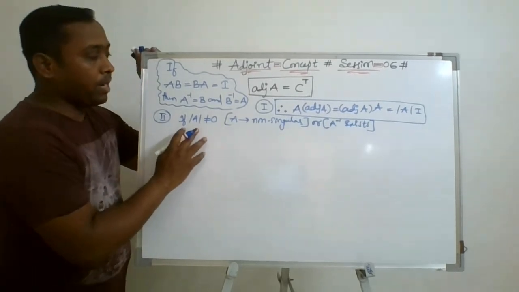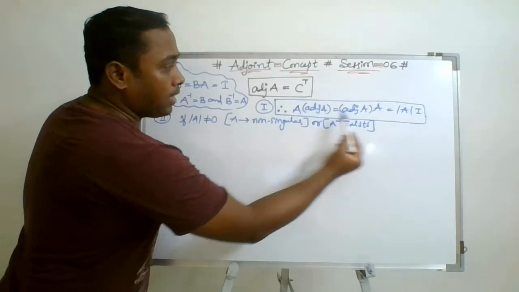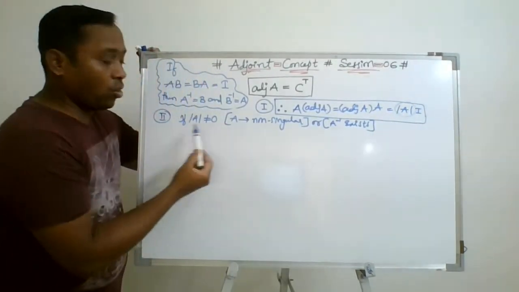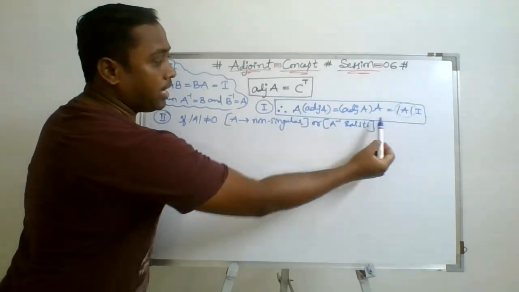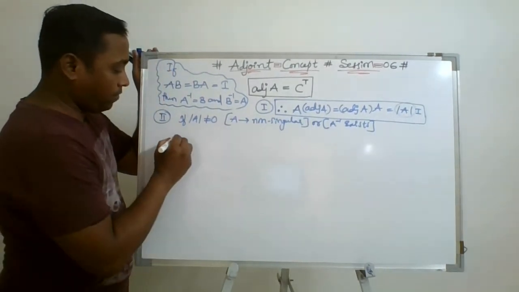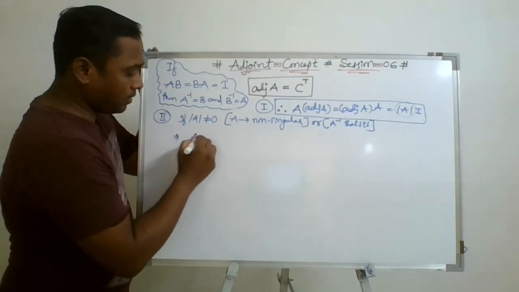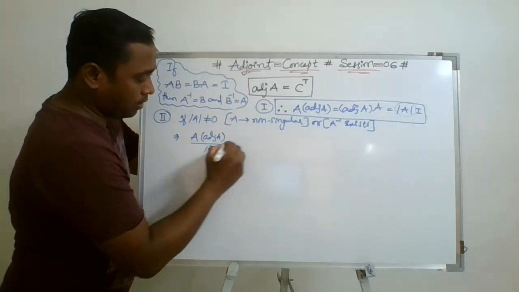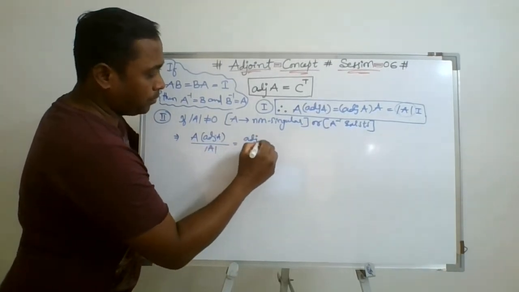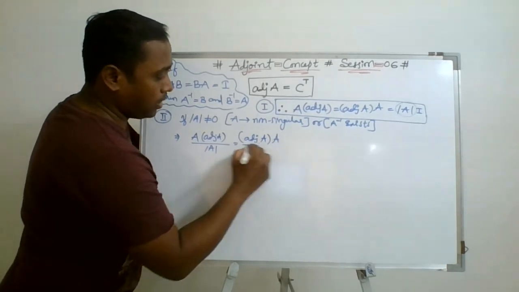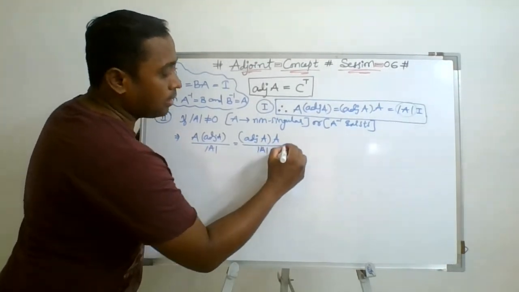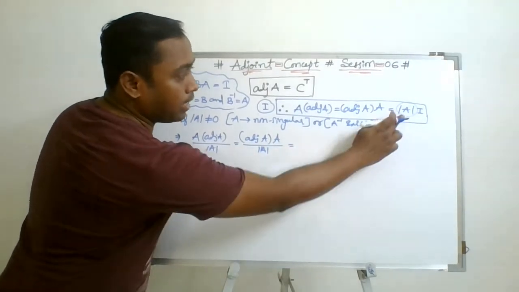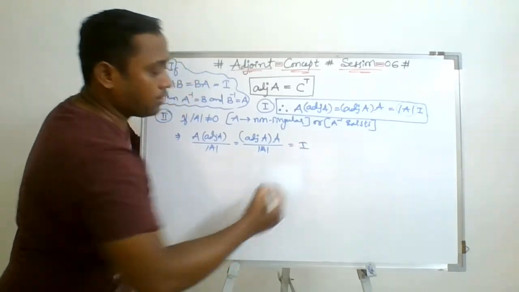Then ultimately I can divide this entire result by det A, since det A is a real number which is not equal to 0. So if I do that, I can say A into adjoint A by det A is equal to adjoint A into A by det A, which is equal to I, since det A gets cancelled.